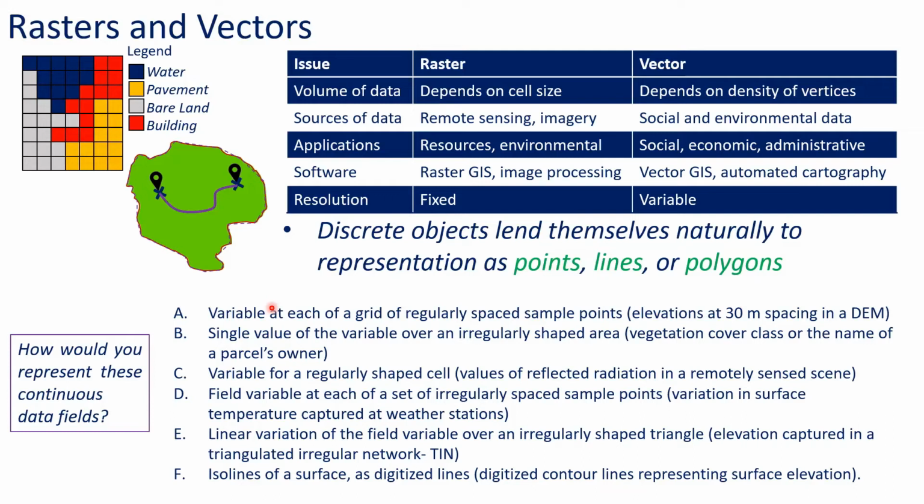In the case of raster, resolution is fixed; vector resolution is variable. If you remember vector spaces, you have the vector space, the i and j vectors, in the x direction and the y direction. So if I say 0i plus 5j, you know where this is directed: the y direction.